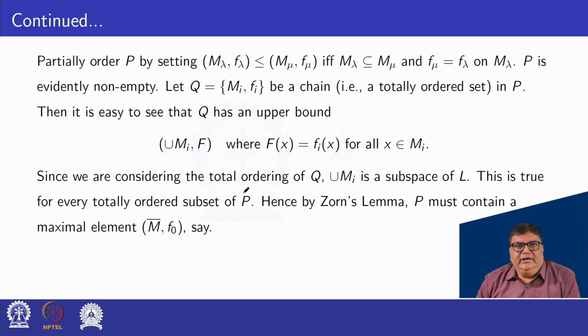Since we are considering the total ordering of Q, the union of Mi is a subspace of L. This is true for every totally ordered subset of P. Hence, by Zorn's lemma, P must contain a maximal element, the ordered pair (M bar, f0).